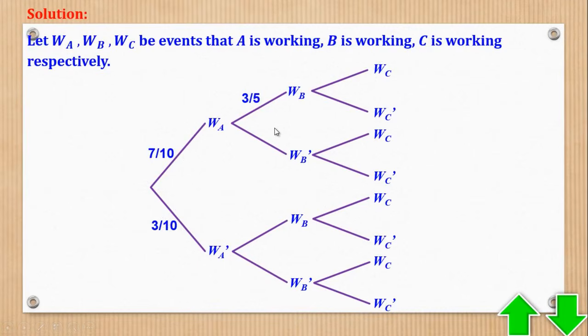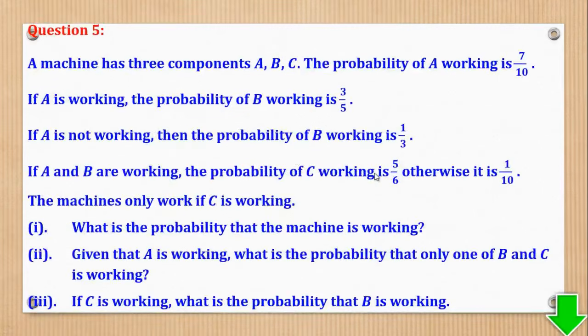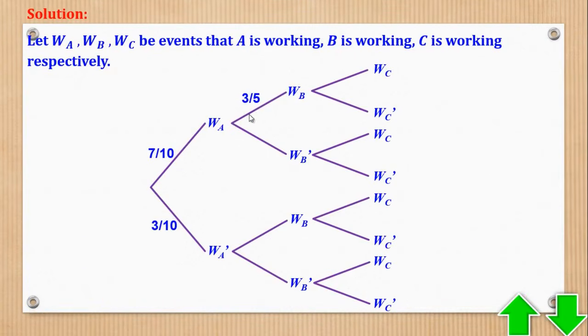Then what about B working? Here they told us that if A is working, the probability of B working is 3 over 5. That is why you see this 3 over 5 here, because A is working. The complement will be put here, which is 2 over 5.